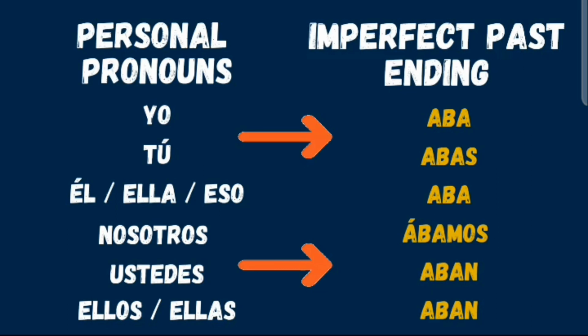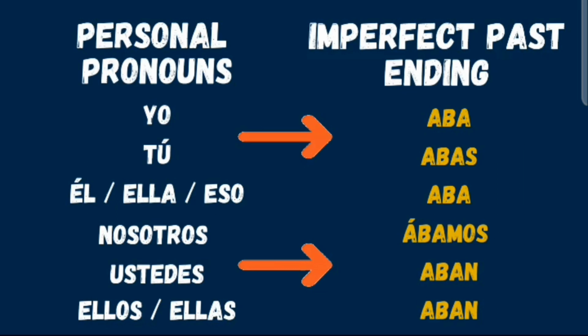That's why it's a regular verb. The ending changes according to the personal pronoun. So with yo, the verb ends with -aba.